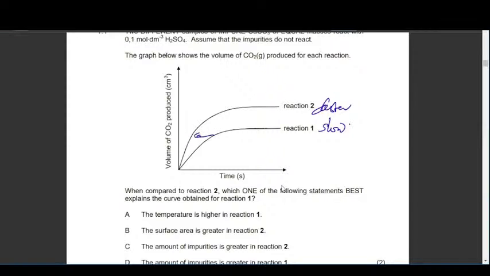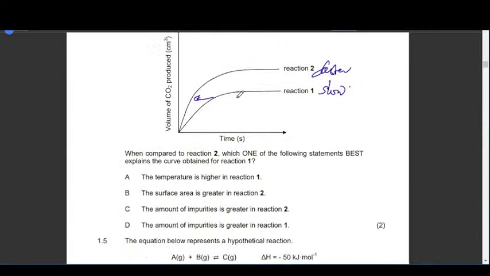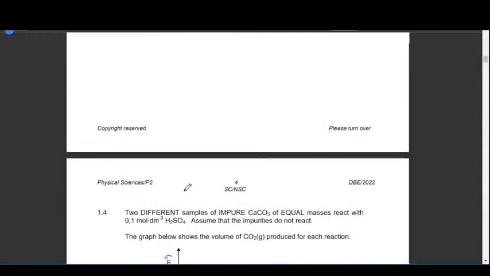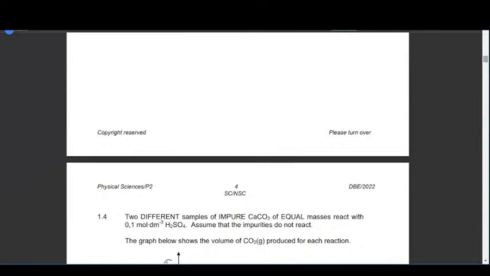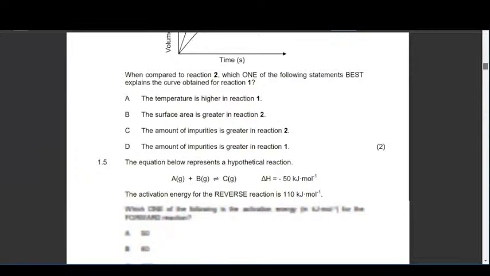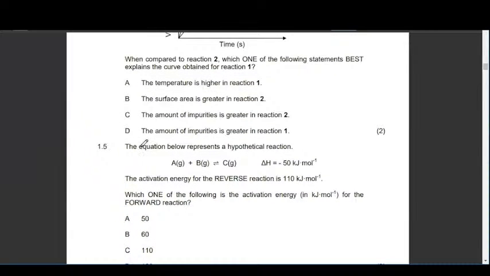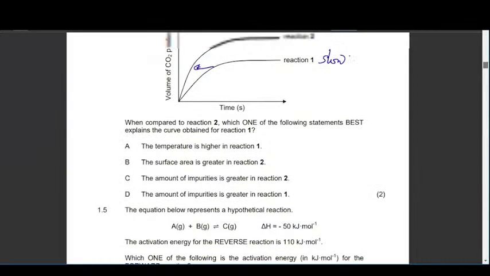The more it shifts to the left, the faster the reaction is going to be. So you'll find out, what are they saying here in the question? They're saying that the temperature is higher in reaction 1. No.